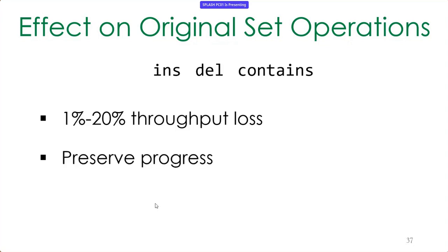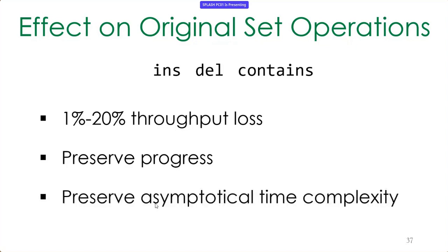But on the theoretical side, we do preserve the progress guarantees of these methods, which means that if the original methods were lock-free in the original implementation, then in our transformed implementation, they remain lock-free. If they were wait-free, they remain wait-free. And the time complexity of these methods is also preserved.